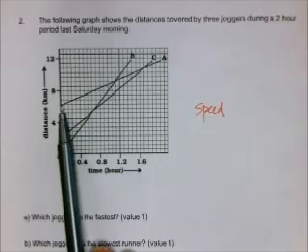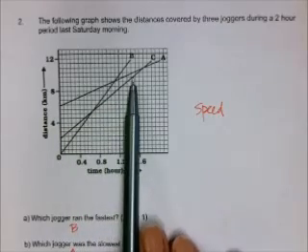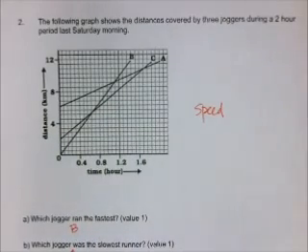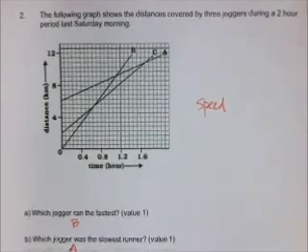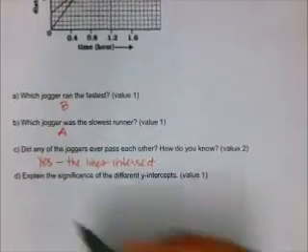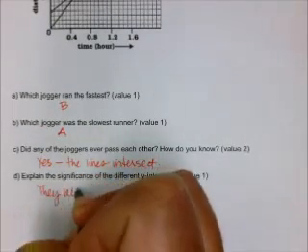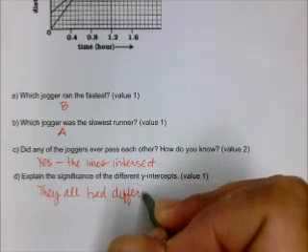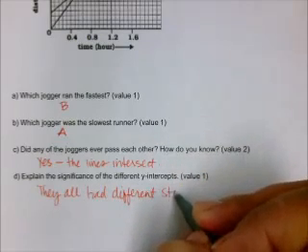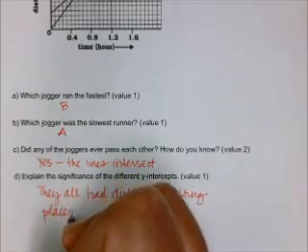So he didn't actually go as far as Jogger B or Jogger C did, because he had a head start. Okay? So the significance of the different Y-intercepts is they all had different starting places.